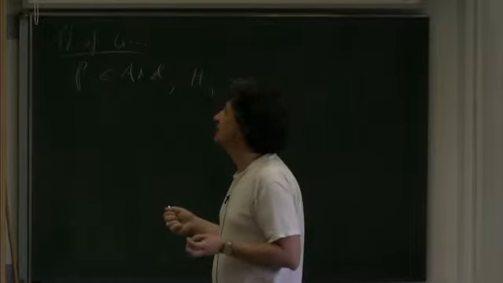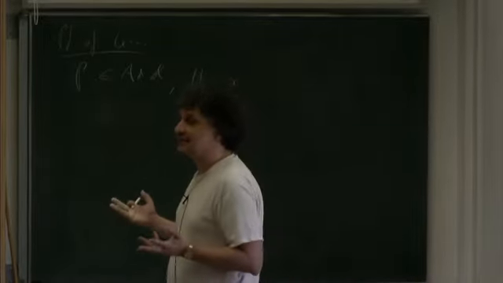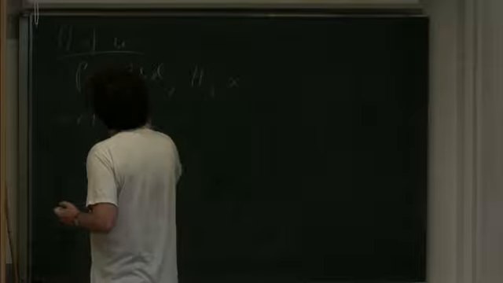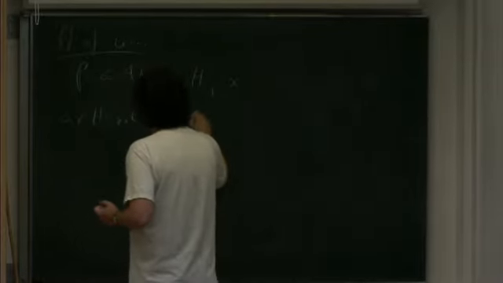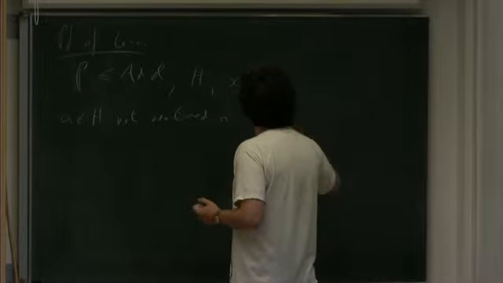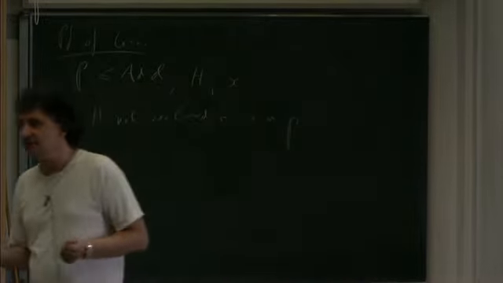Well, fortunately, H has size kappa, and everything else in sight has size less than kappa. So I'm just going to choose alpha in H, not mentioned in X or P, and now I'm going to extend P to force alpha in.